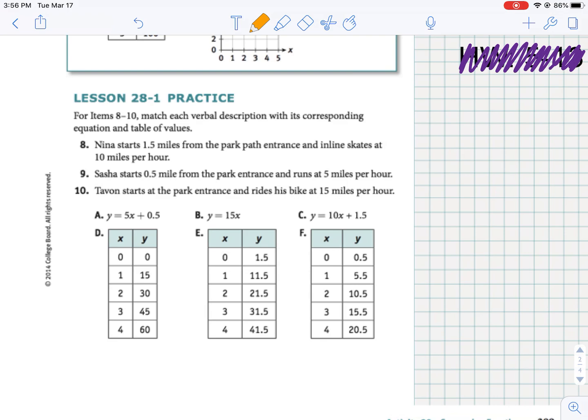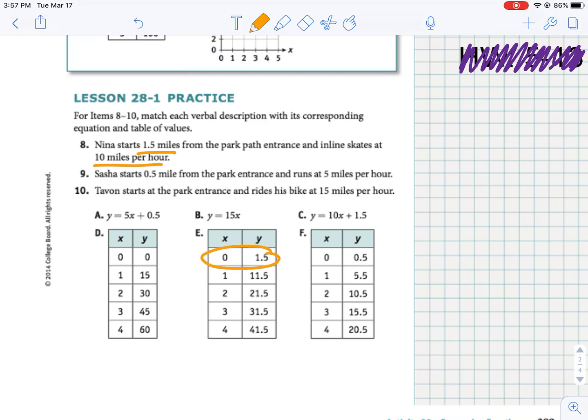You're going to have a worksheet for homework tonight, so let's do the lesson practice as well. It gives us 3 different situations. It says Nina starts 1.5 miles from the park and then skates 10 miles per hour. So her y-intercept has to be 1.5. This one is 0, 0, so we know it's not that one.